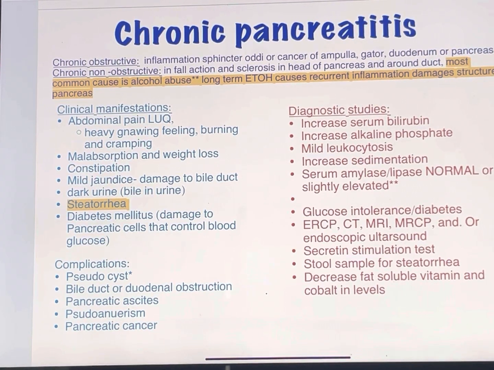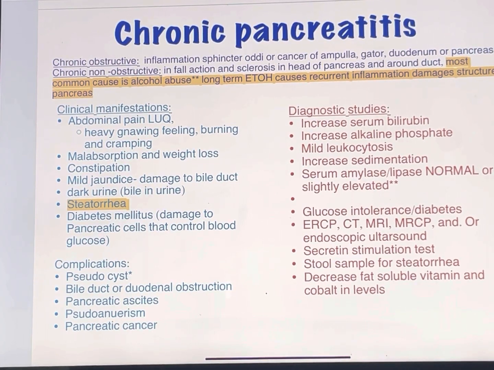With acute pancreatitis, we're going to end up with an oversecretion of those, and some might still pass by and make it into the bloodstream, whereas with chronic pancreatitis, that is not the case. Glucose intolerance and/or diabetes may be common as well. And the most common diagnostic will be that steatorrhea we talked about. So a stool sample will be taken, and a decrease in fat-soluble vitamins is typical.